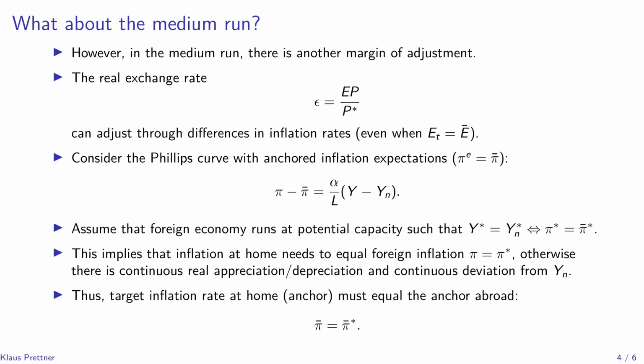So in the long run, the target inflation rate at home must equal the anchor that is used abroad. So the target inflation rate at home and the anchor abroad must be equal in the long run. However, in the medium run, there could be some adjustments, as we will see in a moment.